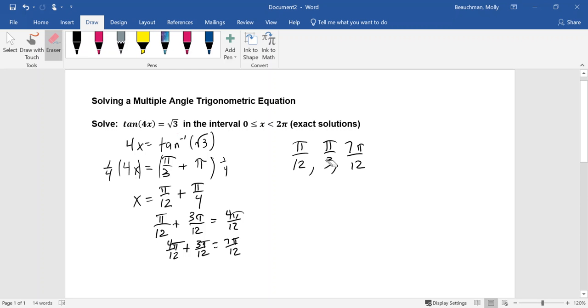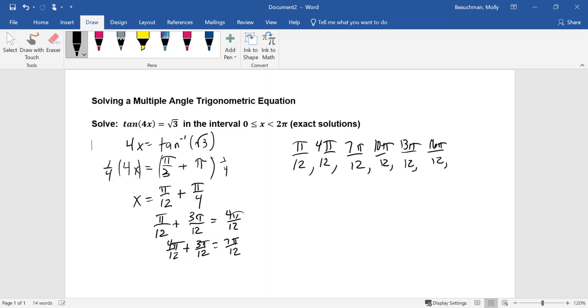So if I add 3 pi over 12, that's 4 pi over 12, plus 3 is 7 pi over 12, plus 3, 10 pi over 12, plus 3 more, 13 pi over 12, plus 3, 16 pi over 12, plus 3, 19 pi over 12, 3 more, 22 pi over 12. And if I added one more, I'd have 25 pi over 12, which is bigger than 2 pi.